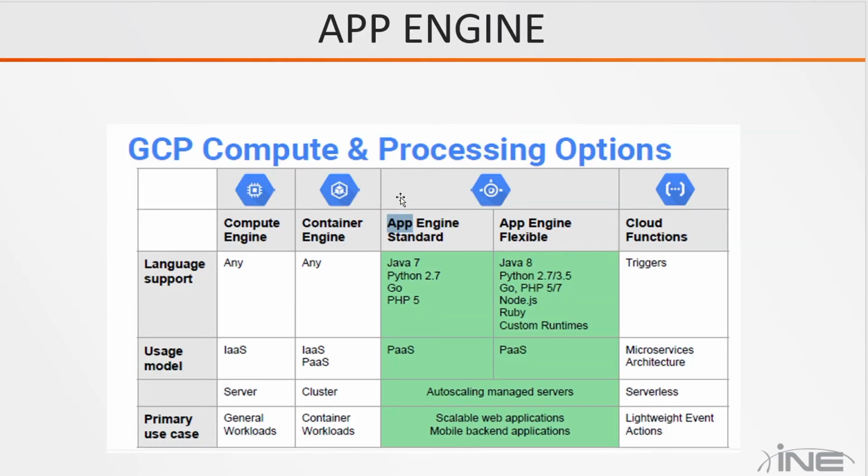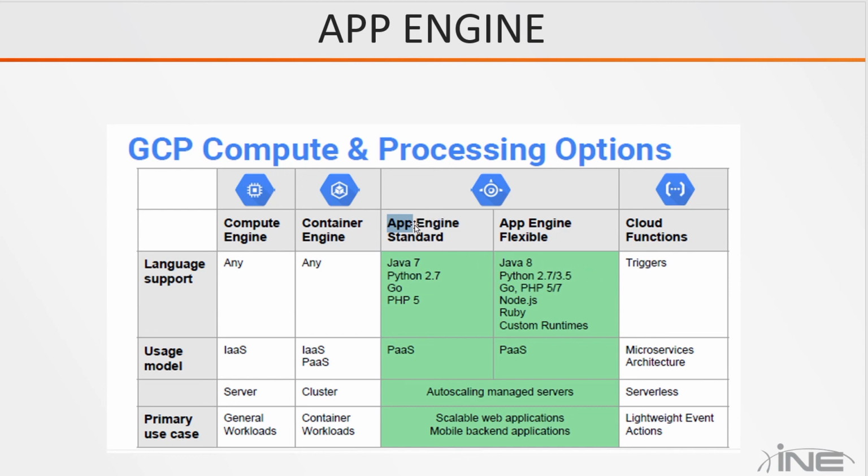And so now, as far as App Engine is concerned, there are two different approaches: App Engine Standard and App Engine Flexible. Generally, the main difference is what you need supported and how robust you need the customization to be.